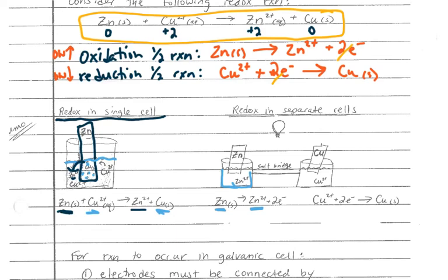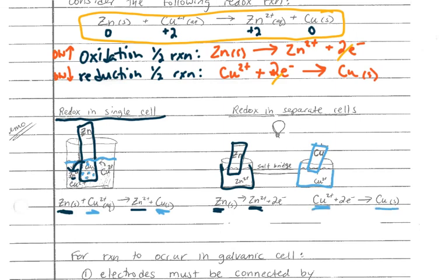Actually, let me keep my color coding the same. So here's the zinc side of the equation. We've got a solid strip of zinc, a metal strip of zinc, and we've got a solution of zinc ions made with some zinc salt dissolved in water. And then on the other side, we've got the copper half reaction. So we have a stick of solid copper, and we have copper ions in solution.